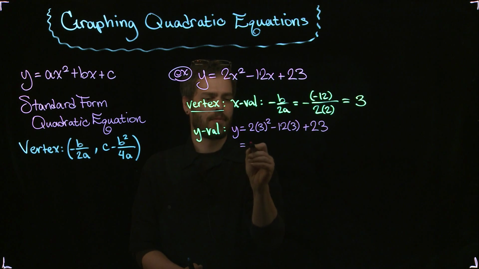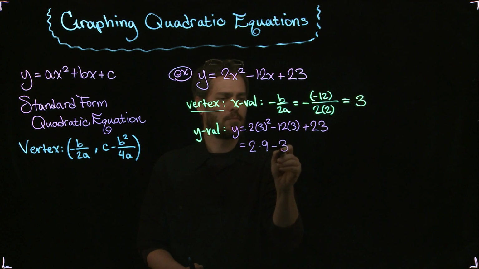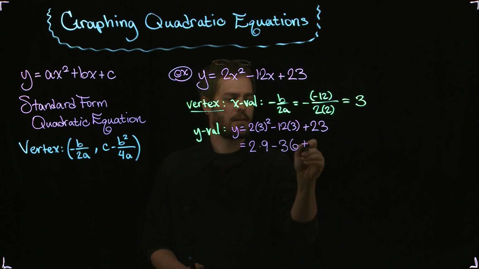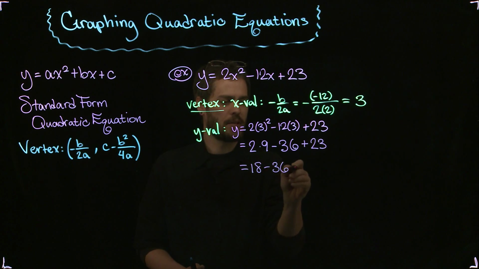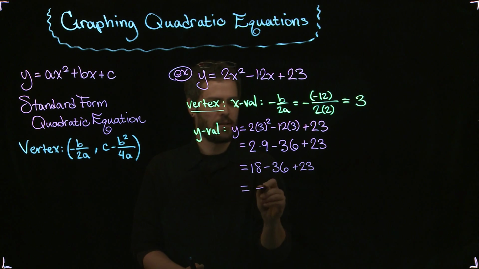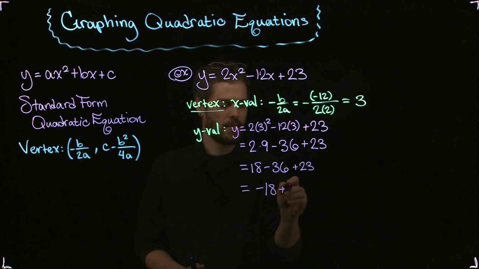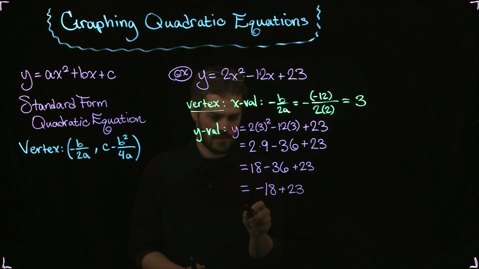This gives me y equals 2 times 9 minus 36 plus 23. This gives me 18 minus 36 plus 23, which is negative 18 plus 23.